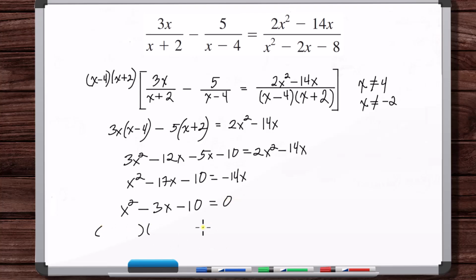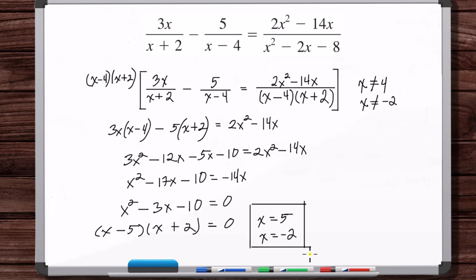Now let's factor this. So minus 5. So x is equal to 5, and x is equal to minus 2. That's going to be the general idea. You multiply both sides of the equation by something to clear the fractions, and whatever x values make that 0 are the x values that would mean you're dividing by 0 in the original equation.